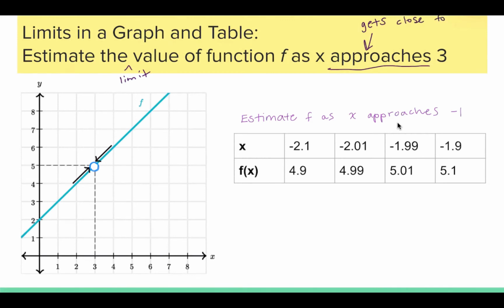So as I get really close to 3, what is happening to the function? Because I can see at 3, it's undefined. There's a hole. So as I get really close to 3 from both the left and the right-hand side, I can see that my function value is getting close to 5. Okay, so I'm going to make a couple notes here.